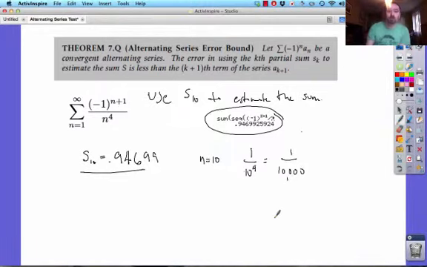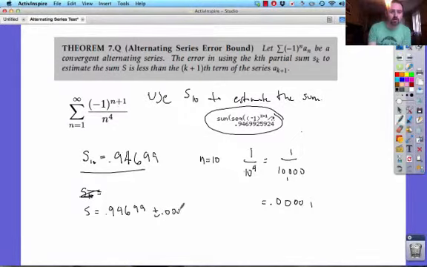What does that mean? That's 0.0001. So the entire sum is accurate to within that accuracy.